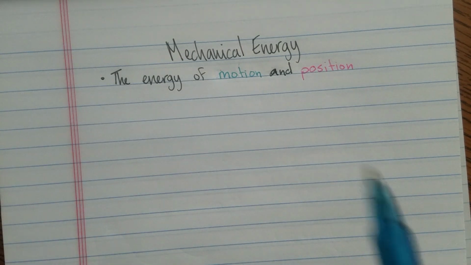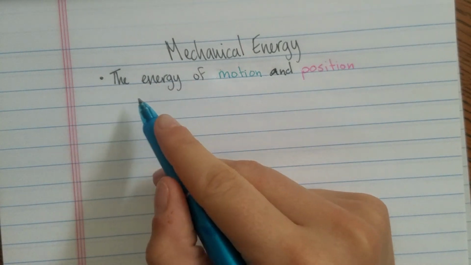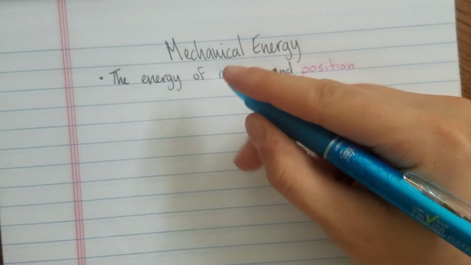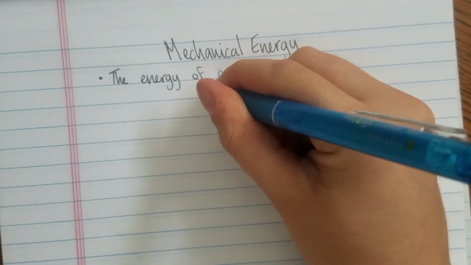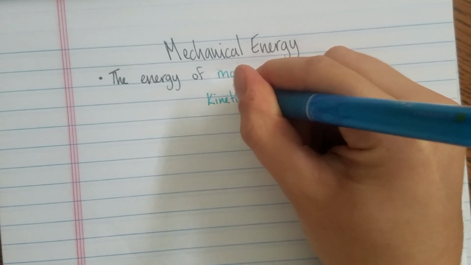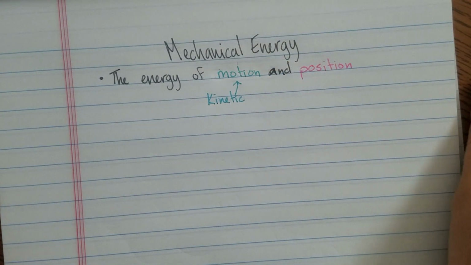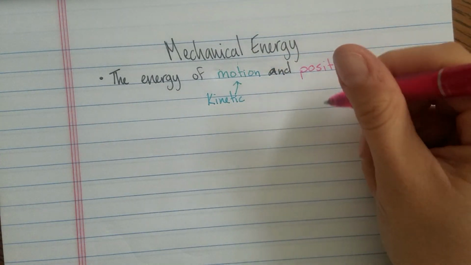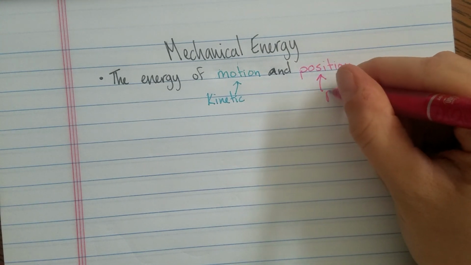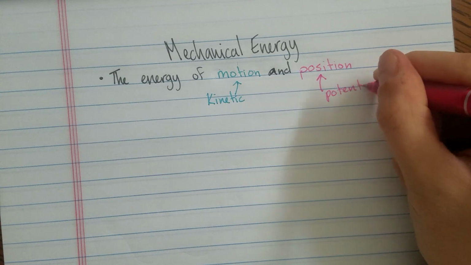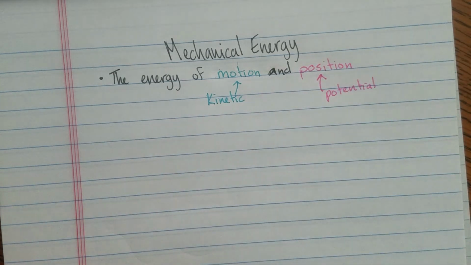So when we're looking at our definition, we say it's the energy of motion. Well, we know from previous classes that the energy of motion is just kinetic energy. And when we say the energy of position, that's our stored energy, and that is potential energy.